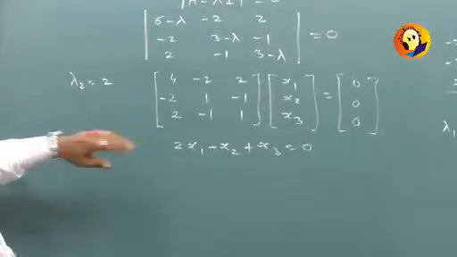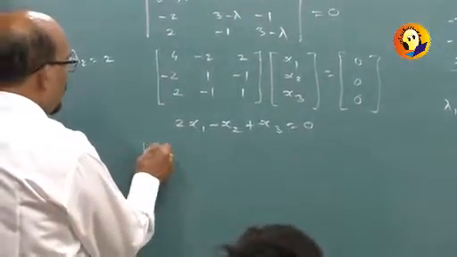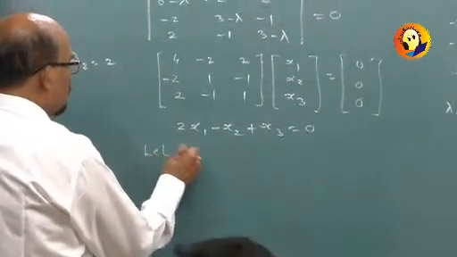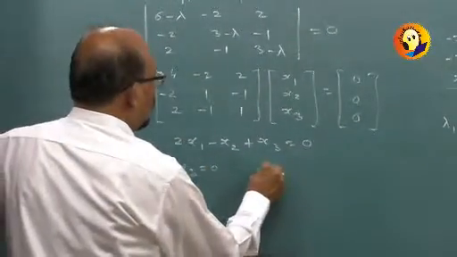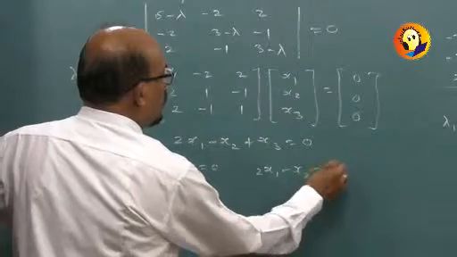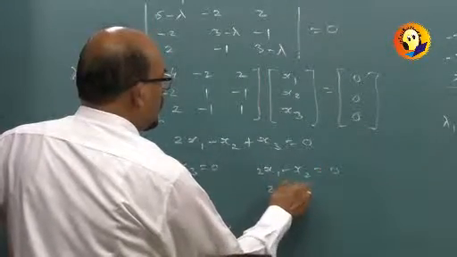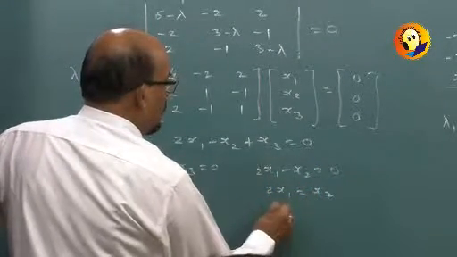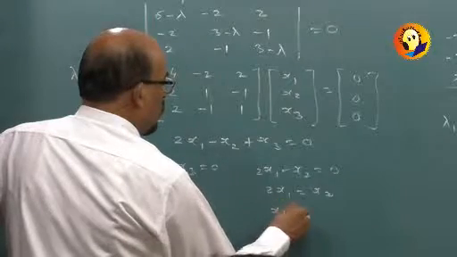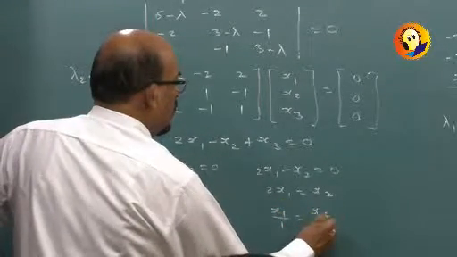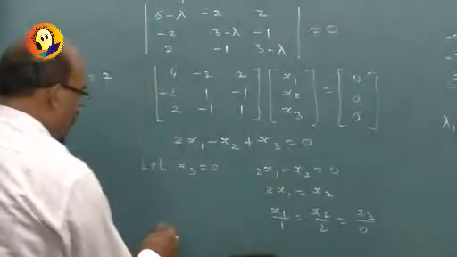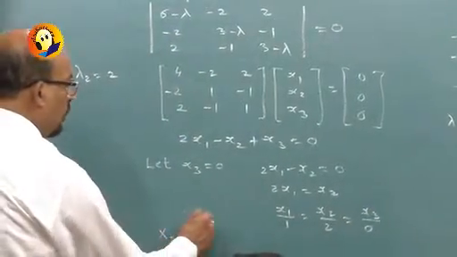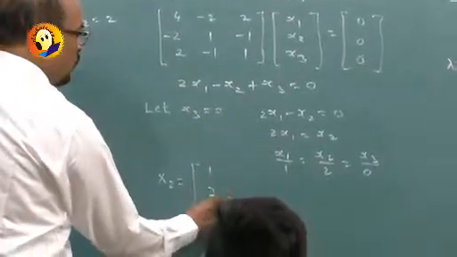Our procedure tells us that, well, let us assume x3 equal to 0, and so we get 2x1 minus x2 equal to 0, or 2x1 equal to x2, that is x1 upon 1 equal to x2 upon 2 equal to x3 upon 0, and I get capital X2 as 1 2 0.